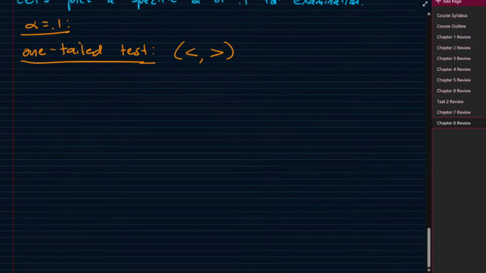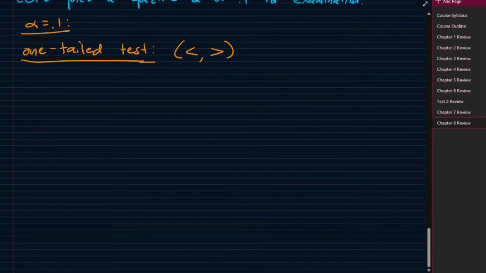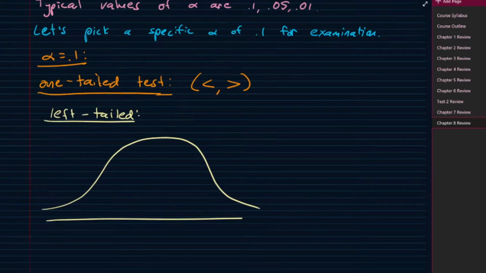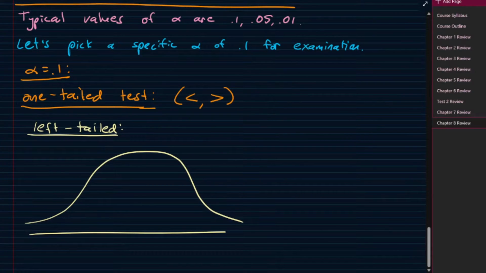Okay, so let's say it was a left-tailed test. Let's draw the picture. Our significance level, we're assuming a significance level of 0.1 or 10%.